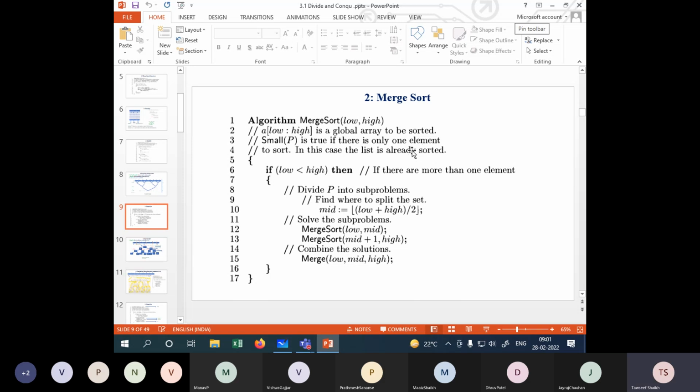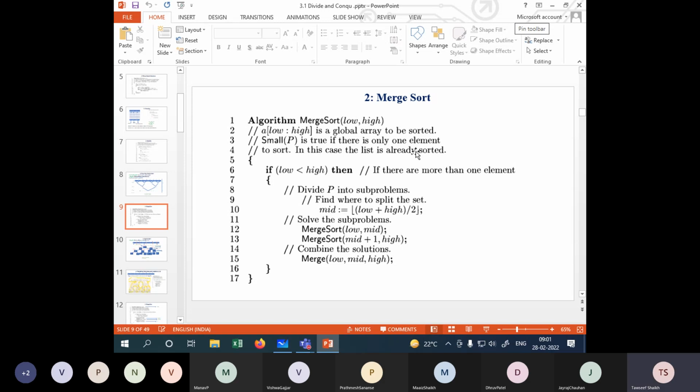Then we say that if low is less than high, since it is a divide and conquer approach, then it is a big problem, which means that there are more than one element in the array.